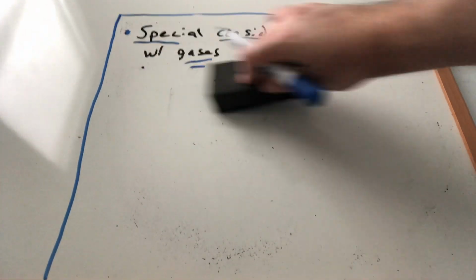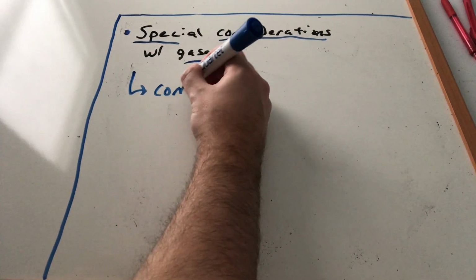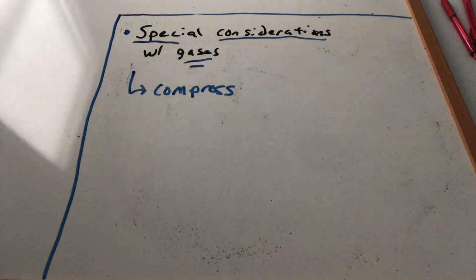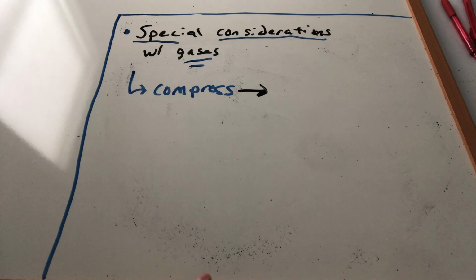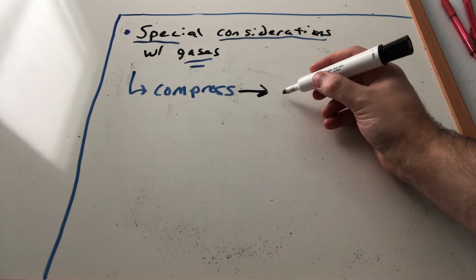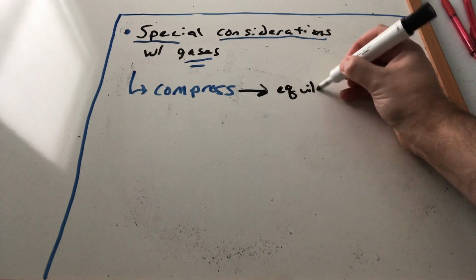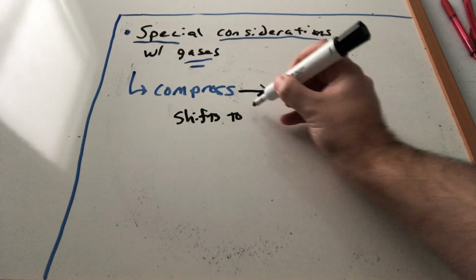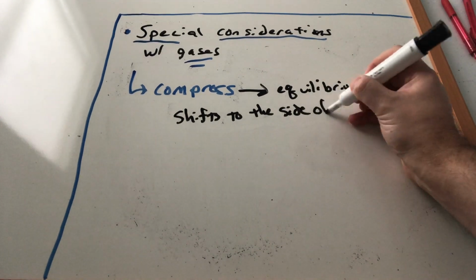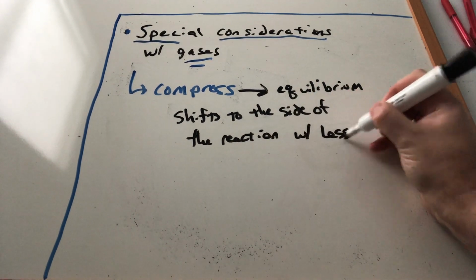So here are the things that we're going to do to a system of gases, to a reaction involving gases. We're going to compress the system. And here's our rule for Le Chatelier's principle, the way that we alleviate the stress, the way that we keep the number of gas particles as consistent as possible: when we compress a reaction, when we make it exist in a smaller volume, the equilibrium shifts to the side of the reaction with less moles of gas.